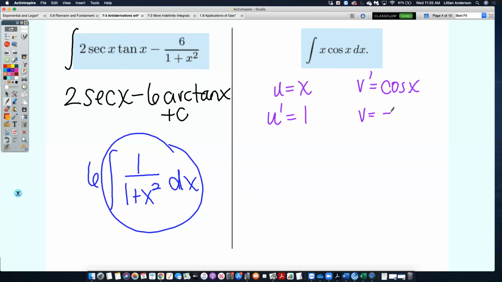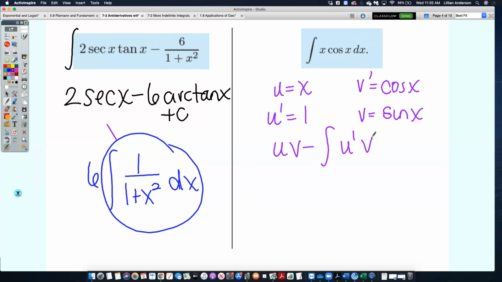Is it sine x or is it negative sine x? It's just regular. Oh, sorry, sine x. It's just regular sine x, because we're doing the antiderivative of it, and the antiderivative of cosine is a positive sine. All right. So then the formula again for integration by parts is uv minus the integral of v du.